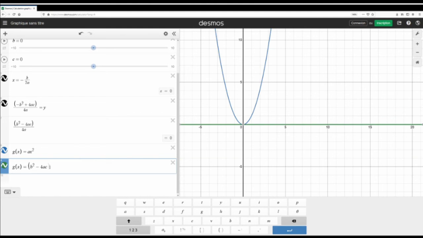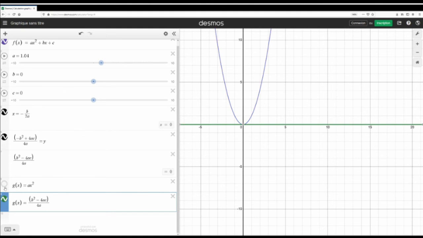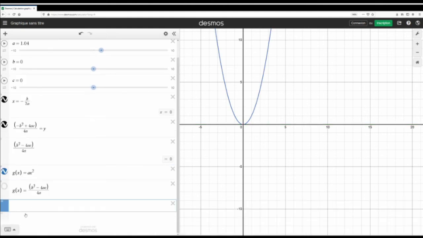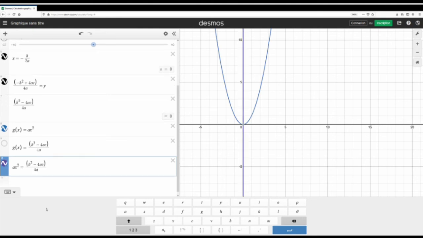All right. So let's actually substitute in the expression for g of x. Let's keep this plotted actually. So that we get ax squared is equal to b squared minus 4ac over 4a. And that's an easy expression to solve actually.